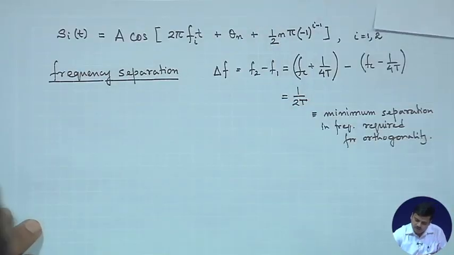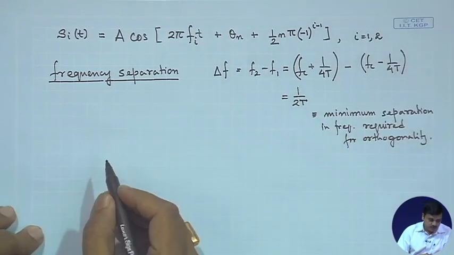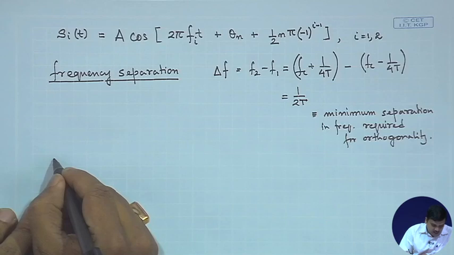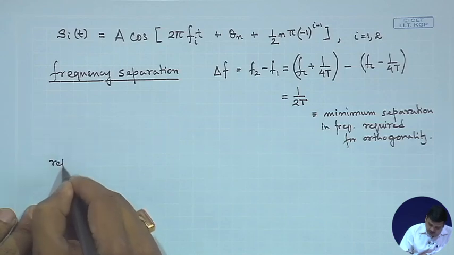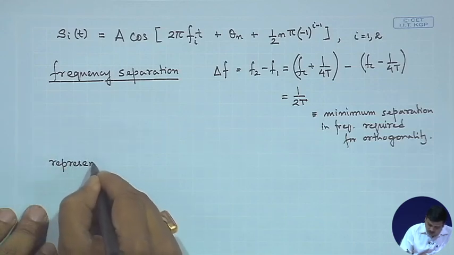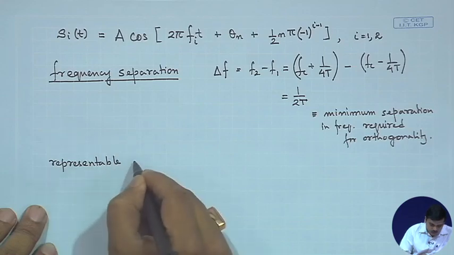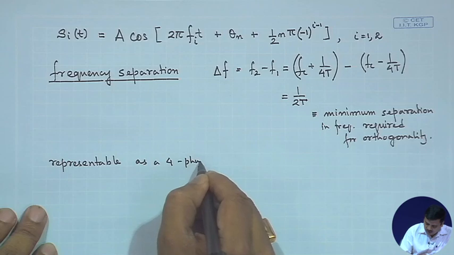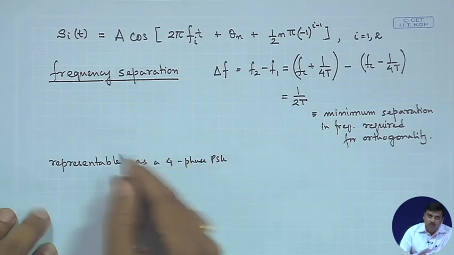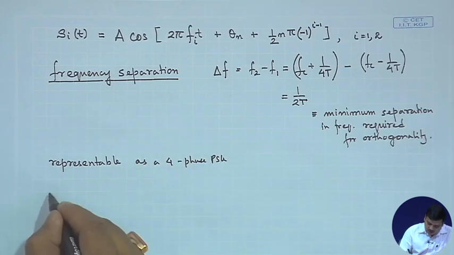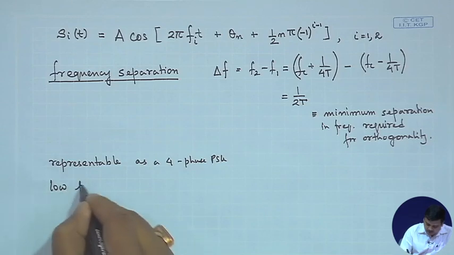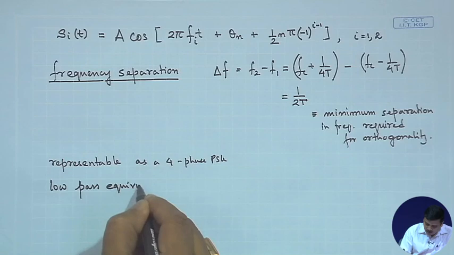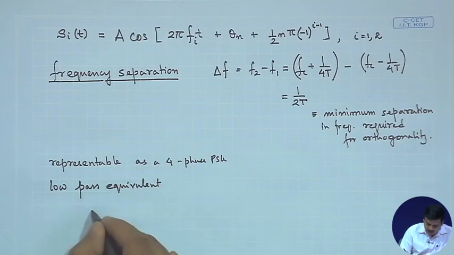We are going to write that particular expression in a form which is representable as a 4 phase PSK. Now, that would make things easier. So, the low pass equivalent, that is what we are always interested in.